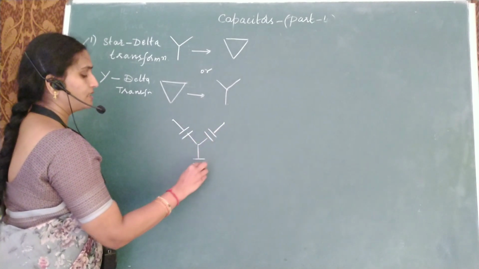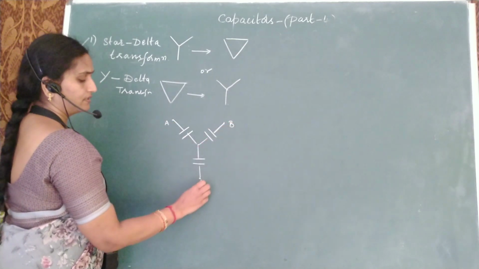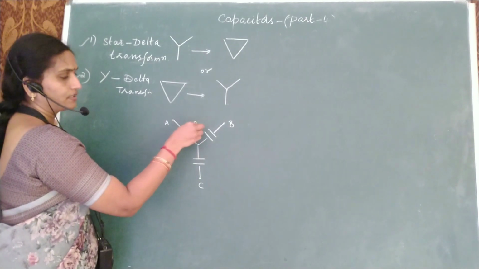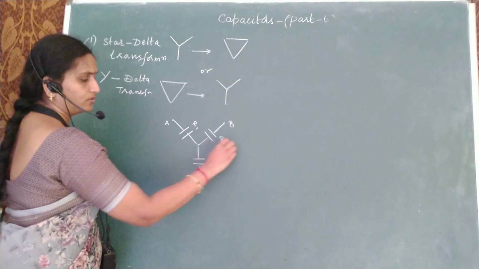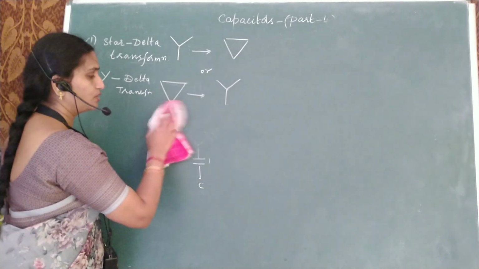I name these 3 terminals as A, B and C. Across A, I have a capacitor, sorry, not resistor. These should be capacitors.